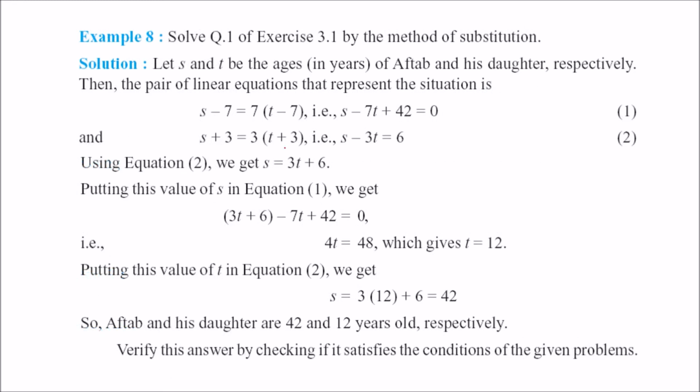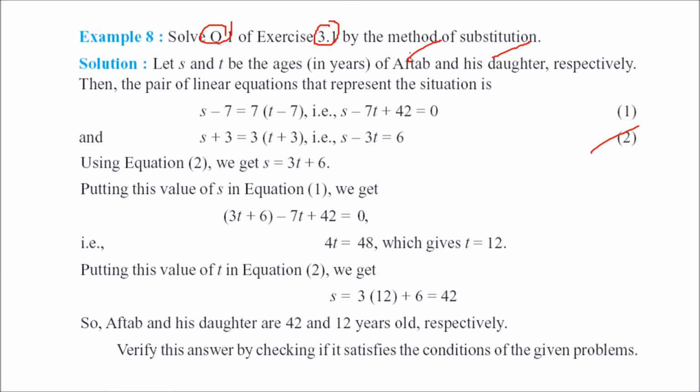If you did not get it, let us try to solve it in different terms. See, question 1 of exercise 3.1. What does it say? Aftab and his daughter are talking about their ages.